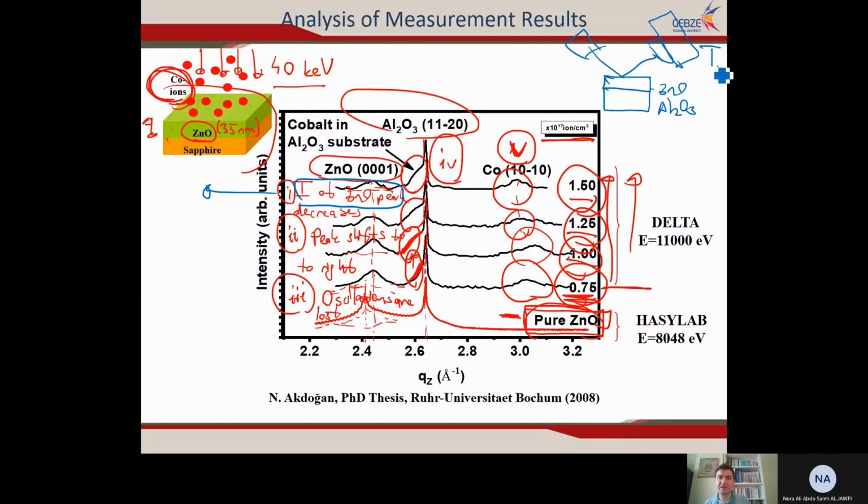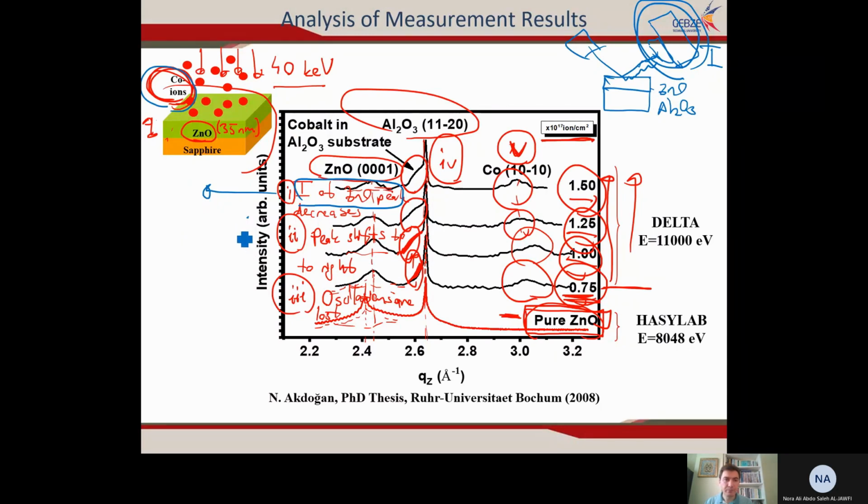If the intensity is lower, it means that fewer photons come to the detector. So why do fewer photons come to the detector? What is the reason for that? I have to answer this question. What happened within the zinc oxide after cobalt ion doping? Then the intensity is decreased. I can explain this with the planes of the zinc oxide.